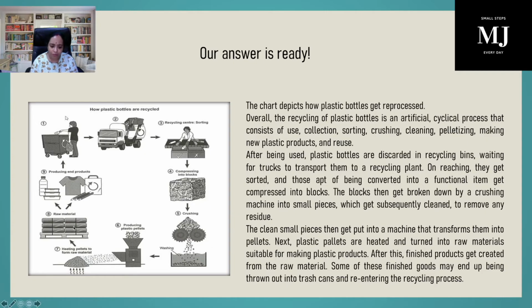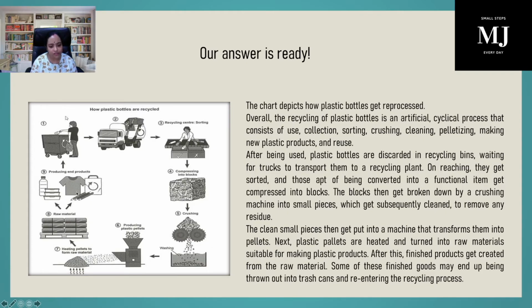The cleaned small pieces then get put into a machine that transforms them into pellets. Next, plastic pellets are heated and turned into raw materials suitable for making plastic products. After this, finished products get created from the raw material.